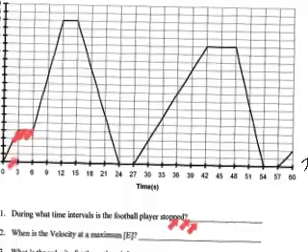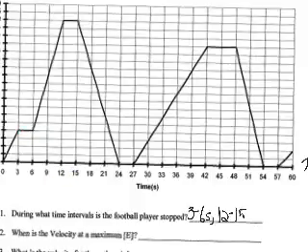So here we look. So between time intervals 3 and 6, the football player is stopped, not moving. So between 3 and 6 seconds. So here's one flat area. So here's another flat area. So between 12 and 15 seconds.